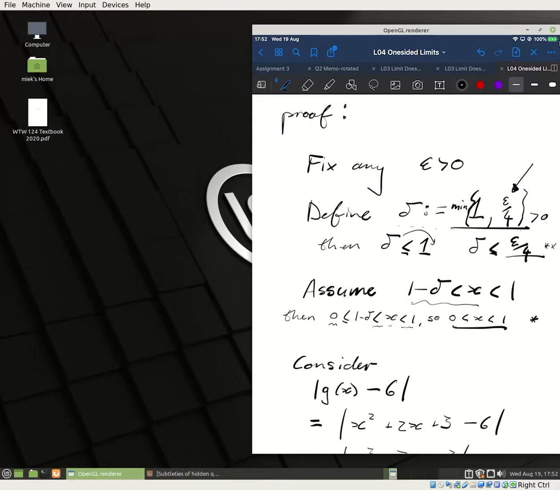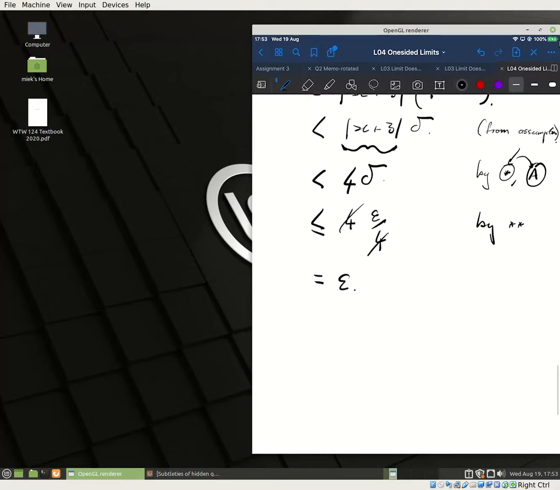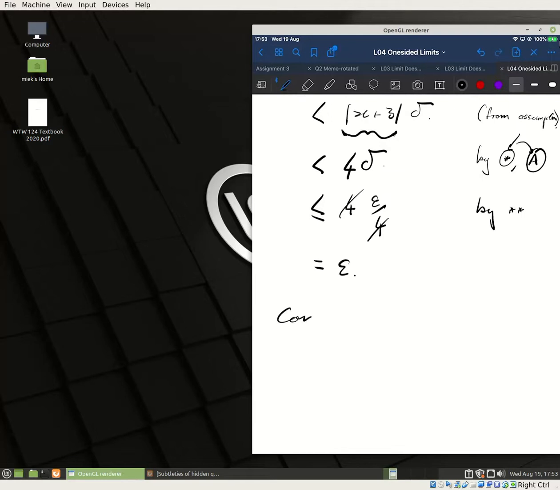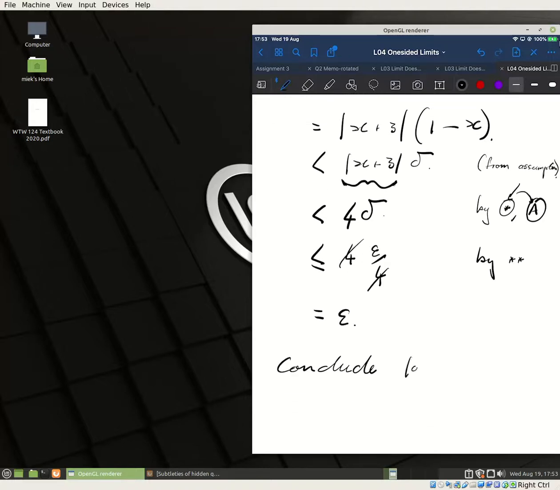So by double star, 4 times epsilon over 4 is equal to epsilon. And we conclude that g of x minus 6 is less than epsilon.